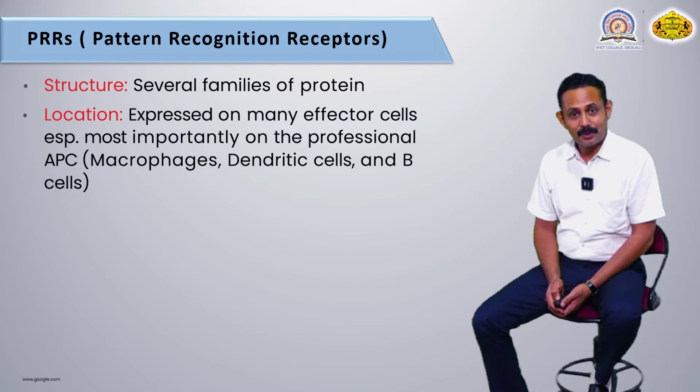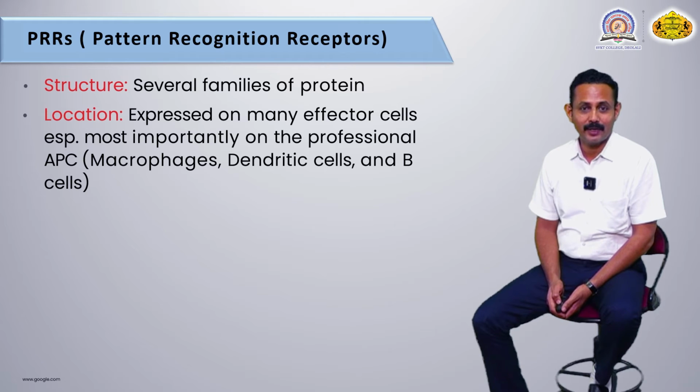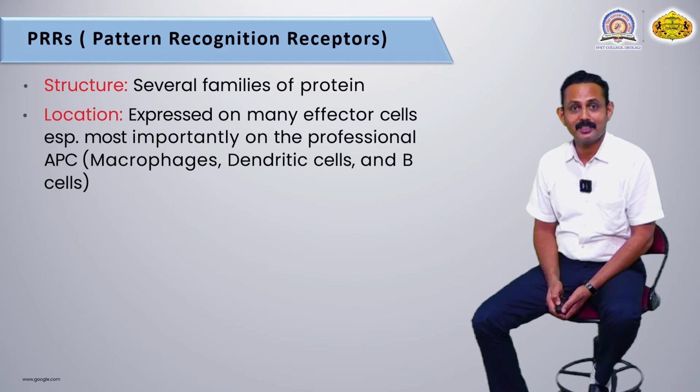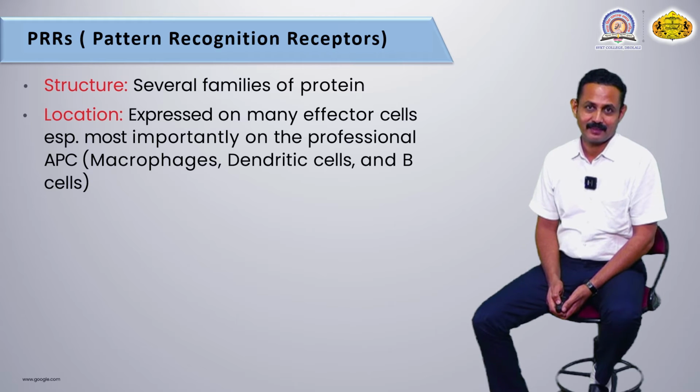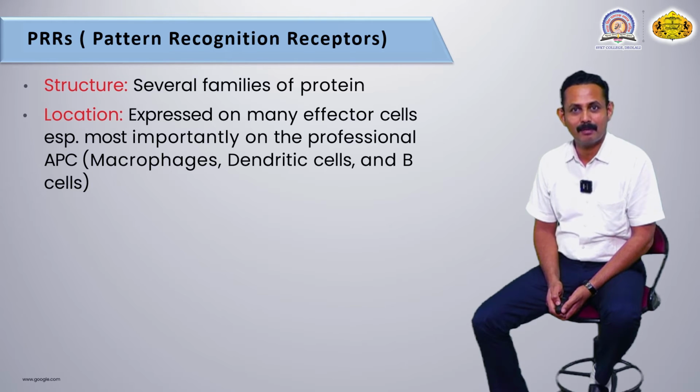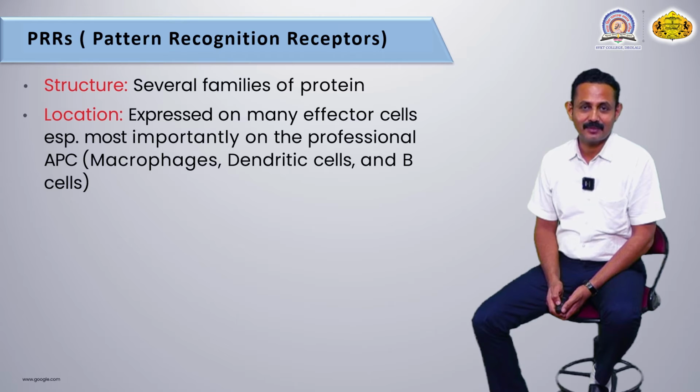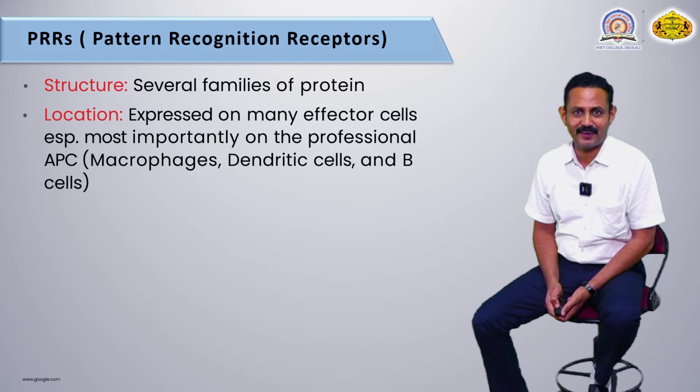These PRRs are located on many effector cells of our immune system, most importantly on the professional antigen presenting cells. The name antigen presenting cell itself indicates that they catch the antigen which has entered the body, process that antigen in such a form that enhances its antigenicity, and present it to effector cells like T lymphocytes, B lymphocytes, or other cytotoxic effector cells.